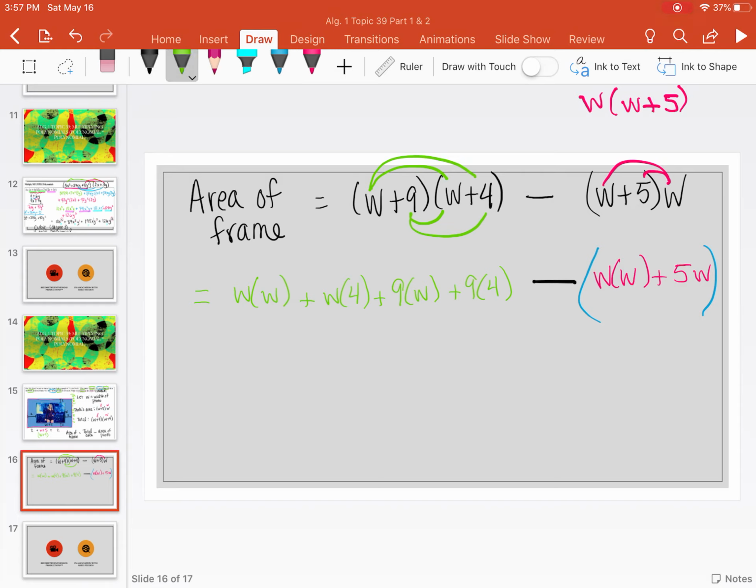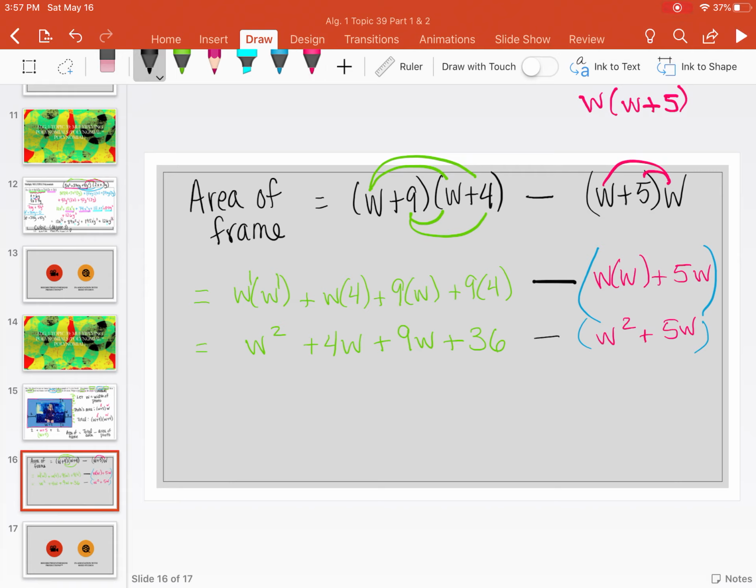Now let's go through and simplify each of the values. W times W, W to the first times W to the first is W squared. 4 times W is 4W. 9 times W is 9W. And 9 times 4 is 36. Then we're going to subtract. W times W is W squared. And 5 times W is 5W.